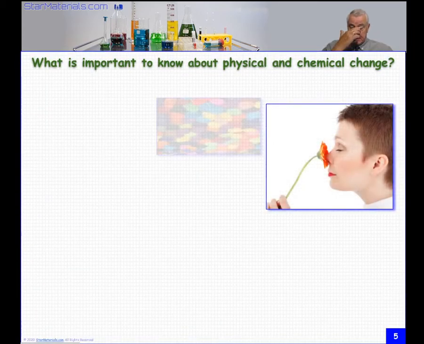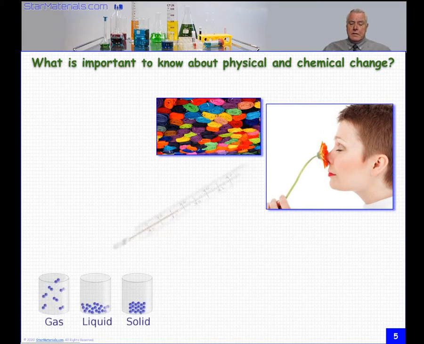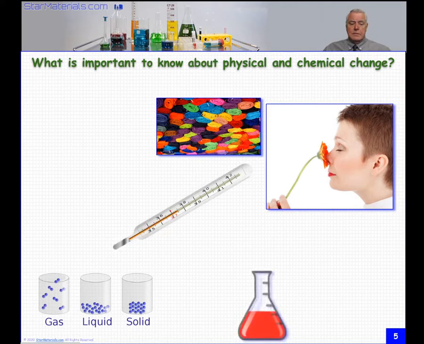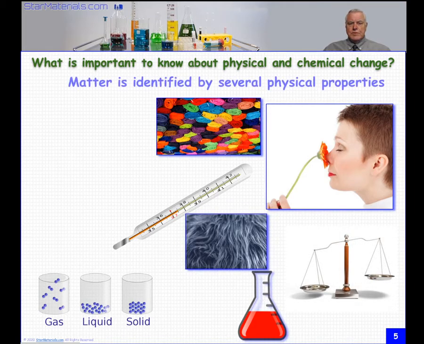Okay, we've got a couple different things going on. These are ways to identify. Well, let me read it. Matter is identified by several physical properties. Probably guess what this one is.